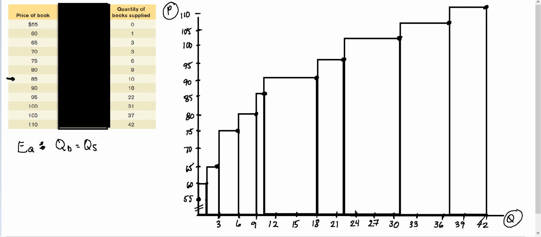So for instance, at the price of $95 per book, we have 22 sellers in the market, and that corresponds to the point 22, 95, and that is the dot right here. Now, this is a strange kind of supply curve, so I'm not going to make the same sort of point I did in the last video about the demand curve, because this is actually a positive decreasing supply curve, which I haven't seen.